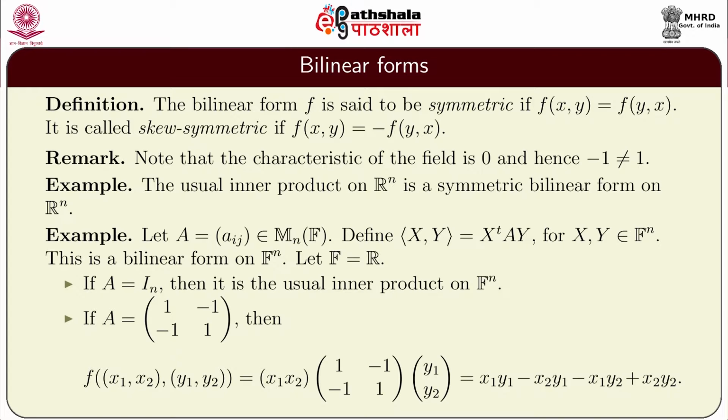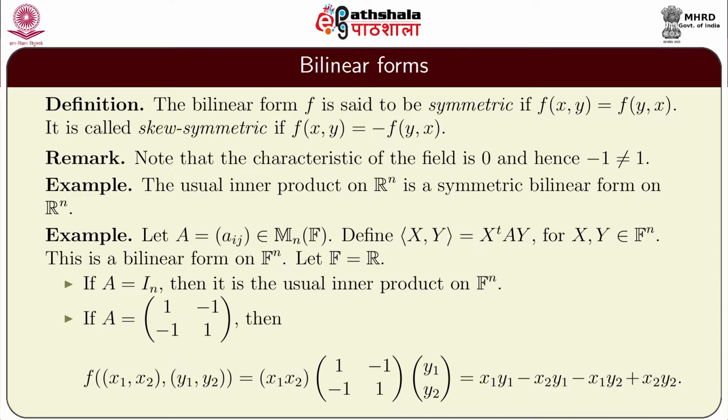Definition: a bilinear form f is said to be symmetric if f of x y equals f of y x, and it is called skew symmetric if f of x y is equal to minus f of y x. So, here you can see that characteristic other than 2 plays a role, because otherwise we will not have any distinction between symmetric and skew symmetric.